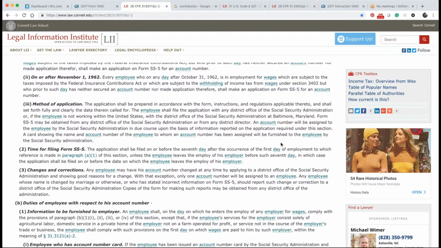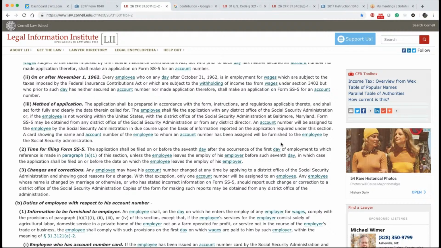So let's break this paragraph down. This sheds a lot of light on what's going on. First of all, the only time you're supposed to even get a Social Security card is when you're getting ready to go to work, because they're telling you to apply for it when you're going for a job.